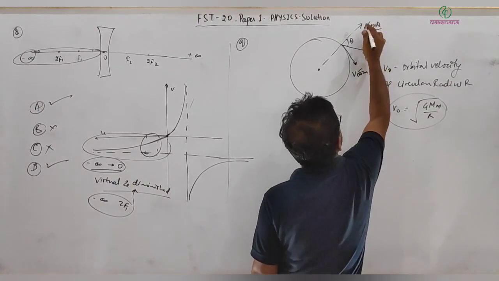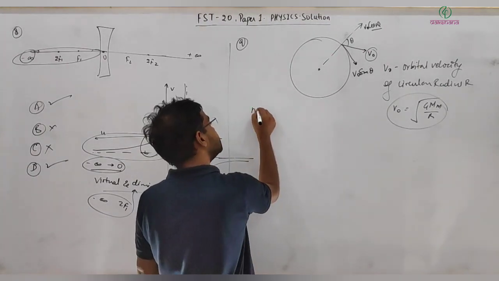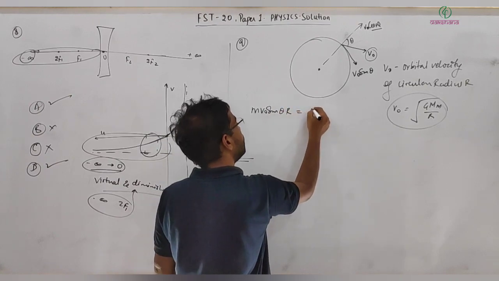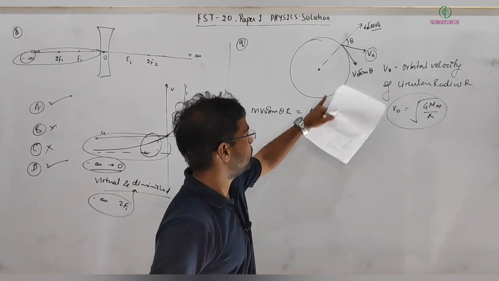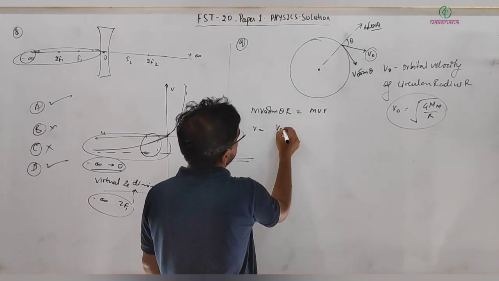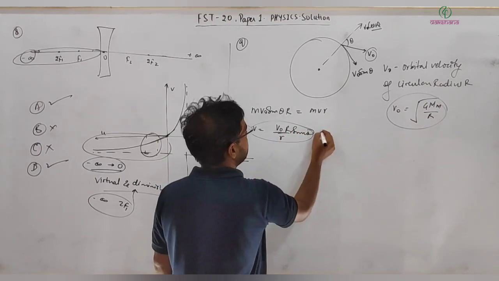Definitely in this direction there will be force, and v naught cos theta will keep on decreasing, but I can write conservation of angular momentum: m v naught sine theta into r should be equal to m v into R, let's say R is the final distance from the center of the planet. Then I get v is equal to v naught into r by R into sine theta. So I got relation 1.